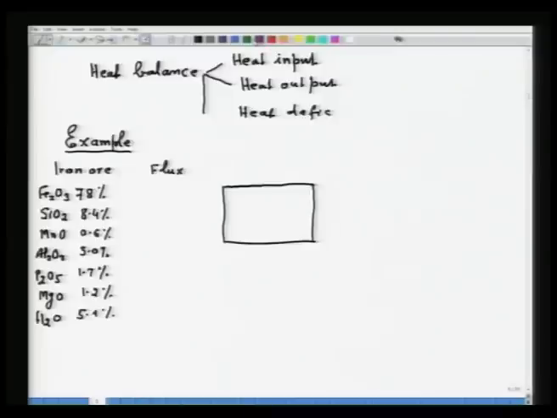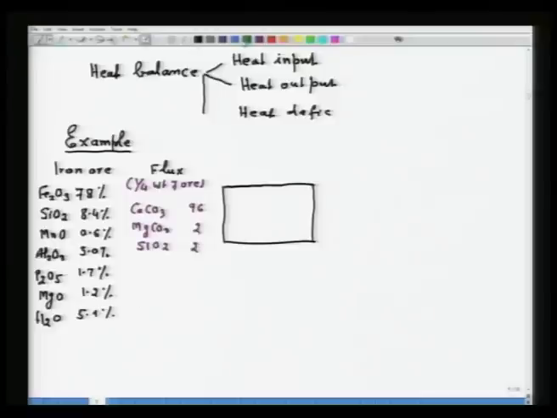Then flux is charged and flux amount is 1/4 weight of ore. Its composition is CaCO3, MgCO3 and SiO2: 96, 2 and 2.